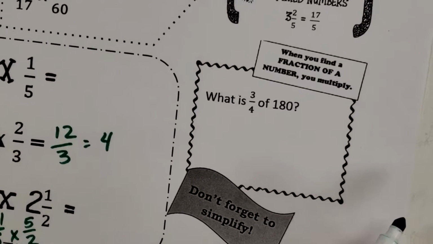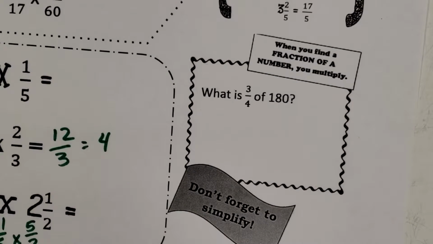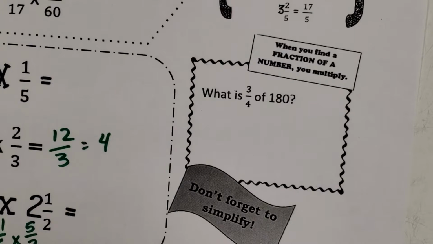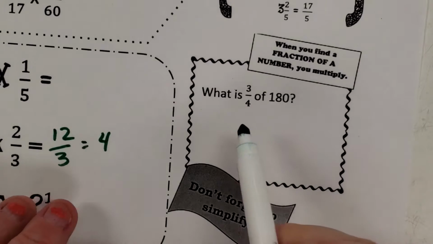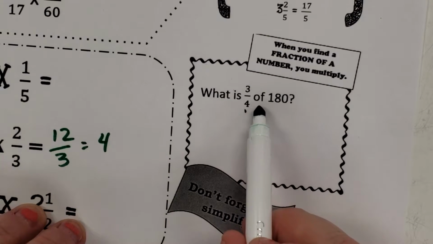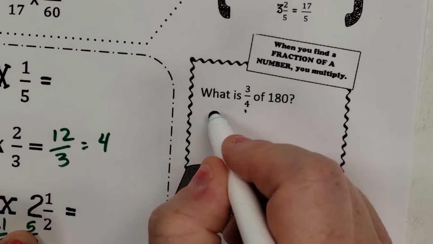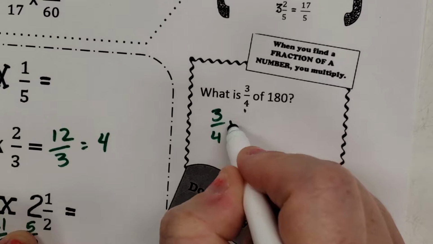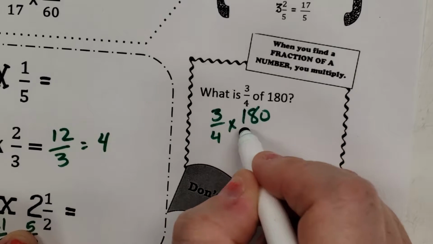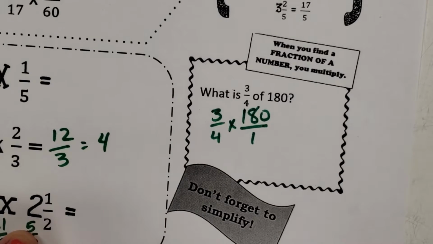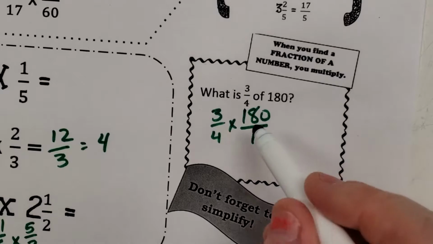So when I go over here, this was the one that it was a lot about today's work. We kind of talked about it yesterday. When you have a fraction of a number, it means multiply. So 3/4 of 180 would be 3/4 times 180 over 1. So then you just multiply straight across and simplify. All right.